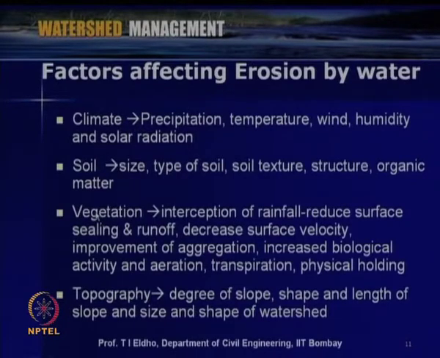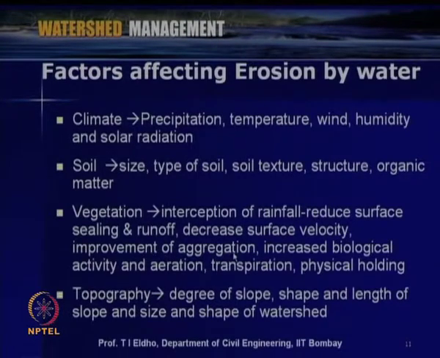Then another important aspect is vegetation cover on the land or the watershed which we consider. As we discussed earlier, when rainfall takes place, some of the rainfall will be intercepted by the vegetation cover on the land. The interception of rainfall reduces surface sealing and runoff, and it decreases the surface velocity, and that way the soil erosion will be reduced.